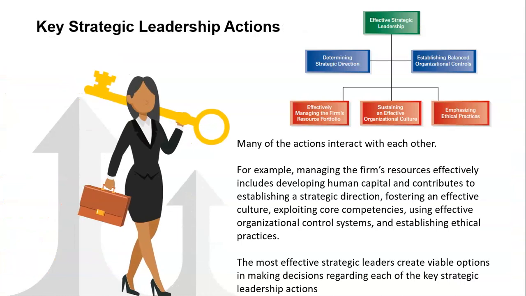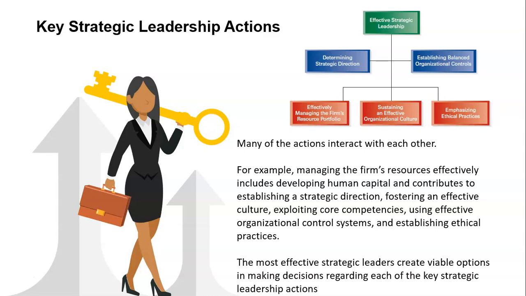So these key strategic leadership actions are really intertwined and interrelated, and they all interact with each other. So determining strategic direction, establishing balanced organizational controls, effectively managing the firm's resource portfolio, sustaining an effective organizational culture, and emphasizing ethical practices. They all interact with each other.